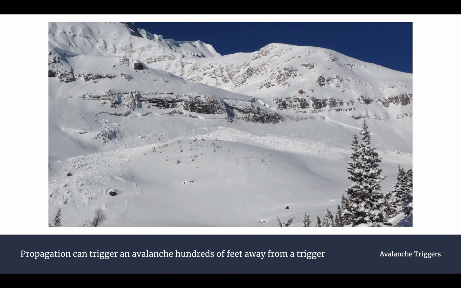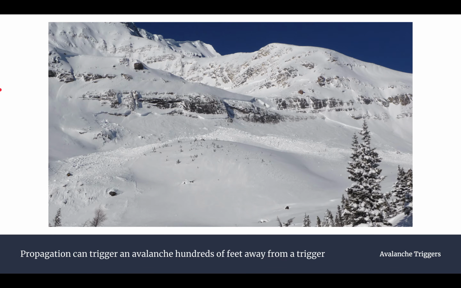And the weak layers can actually collapse, and the energy of that collapse can travel for hundreds of feet underneath the snow. This particular avalanche was actually triggered up here, and the propagation underneath the snow traveled underneath the snowpack and started a new avalanche over here. So this has several implications for avalanches.